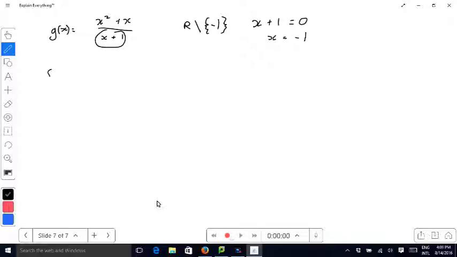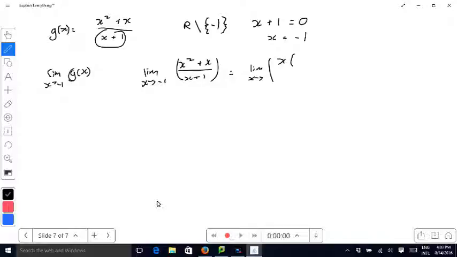It asks to calculate the limit as x approaches that number, minus 1, for g of x. So I get the limit as x approaches minus 1 of x squared plus x over x plus 1. As we said before, you need to try and simplify it if we can.